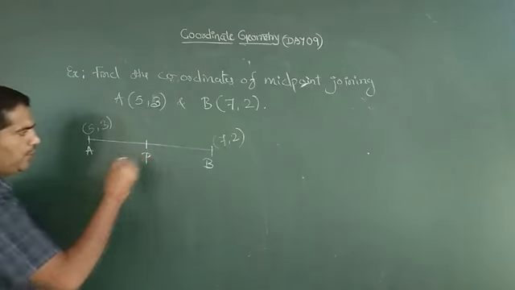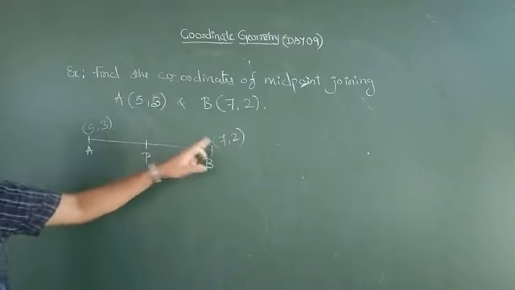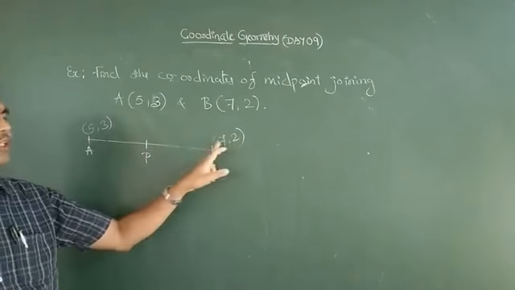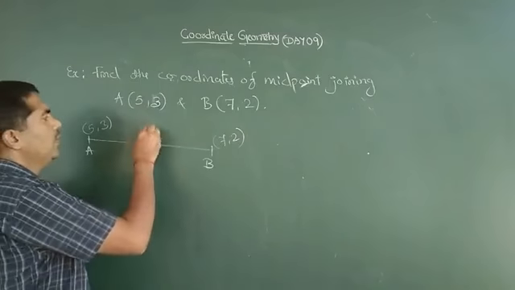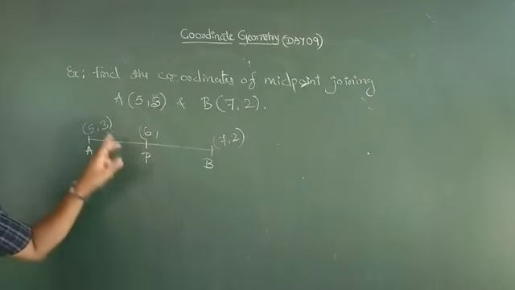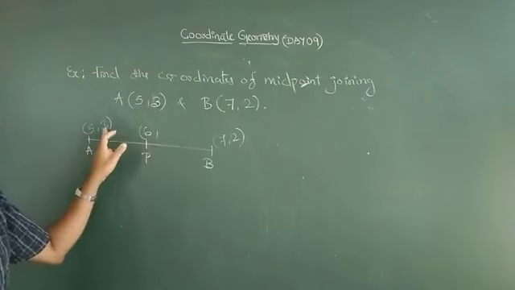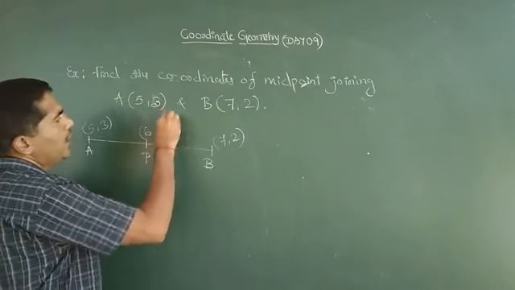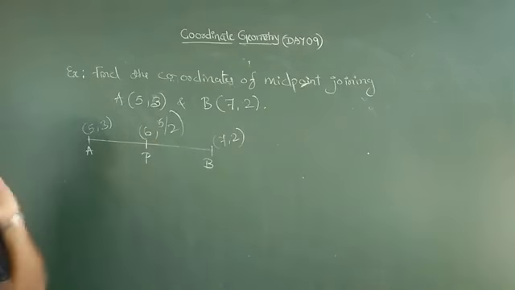Midpoint P equal to (x2 plus x1) by 2, (7 plus 5) by 2, 7 plus 5 is 12, 12 by 2 is 6. (y2 plus y1) by 2, (3 plus 2) by 2 becomes 5 by 2. So the coordinates of the midpoint you can find directly.